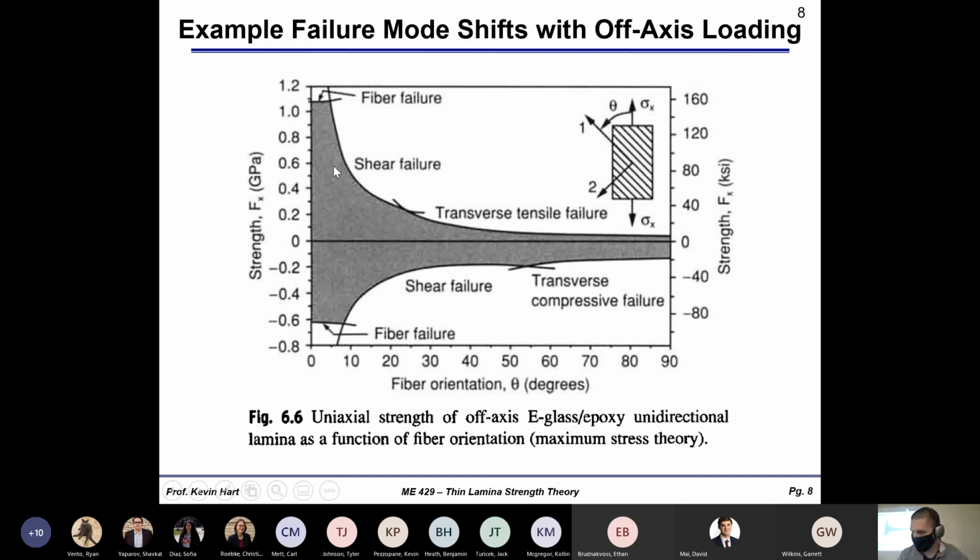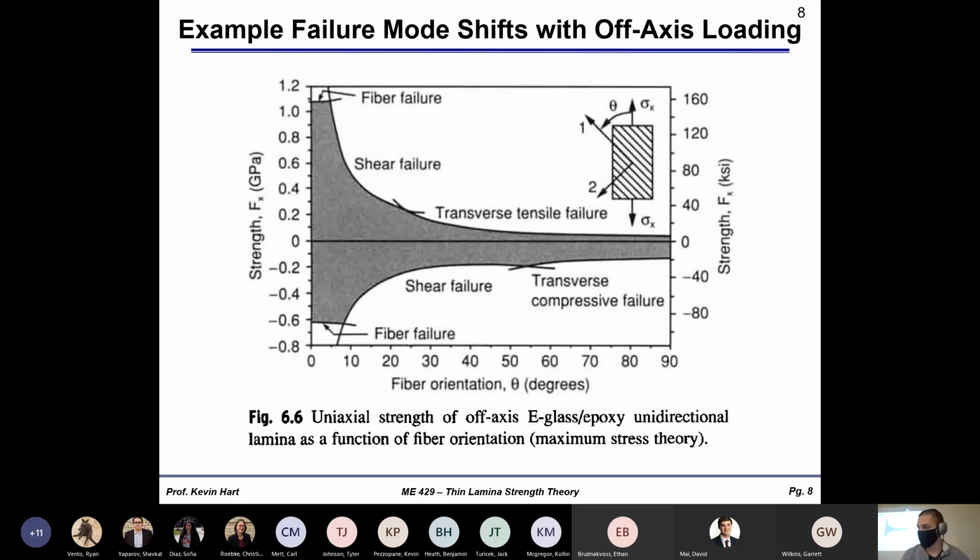That's what we're trying to plot with this graph, looking at how, as you vary the angle between the fiber and the direction of loading, so the angle between sigma x and the one direction, you're going to have significant changes in your strength. That's because as you start to load off of the fiber direction, your strength is going to go way down, especially as you begin loading along the two direction, mostly because that two direction is just so weak.